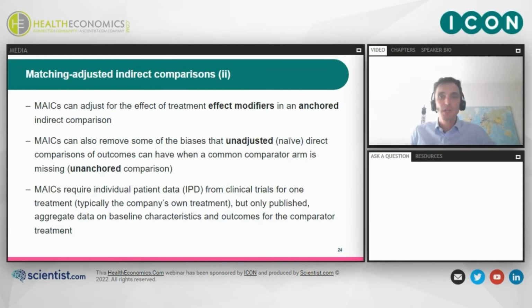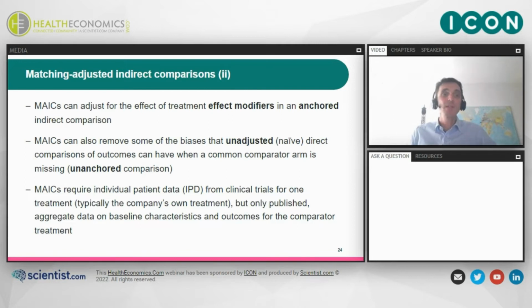The advantage of MAICs is that they can adjust for the effect of treatment effect modifiers in an unanchored comparison. At the same time, MAICs can also remove some of the biases that you would typically encounter in an unadjusted or naive direct comparison of outcomes when you don't have a common comparator. This situation is again referred to as unanchored comparisons.